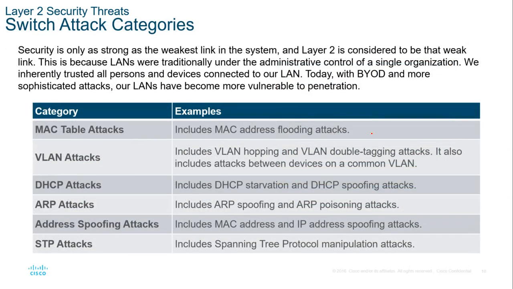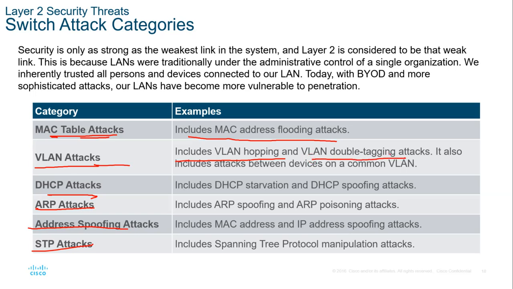So the switch attack categories: we have MAC table attacks, VLAN attacks, DHCP attacks, ARP attacks, address spoofing attacks, and STP attacks. The MAC address table attack includes MAC address flooding. The VLAN attack includes VLAN hopping and VLAN double tagging, tagging the VLAN twice.